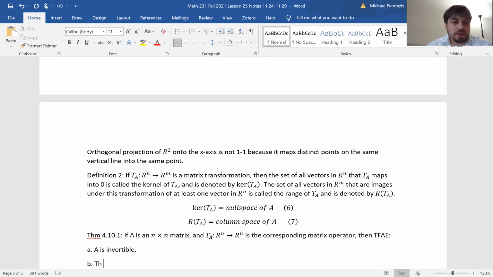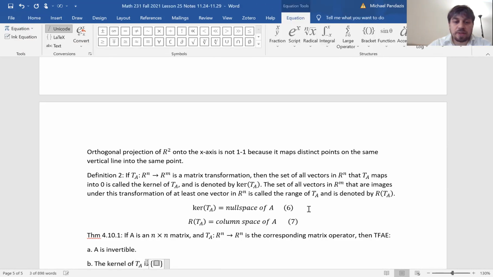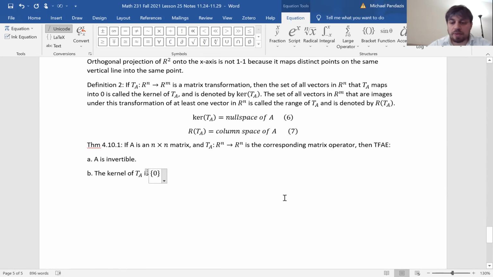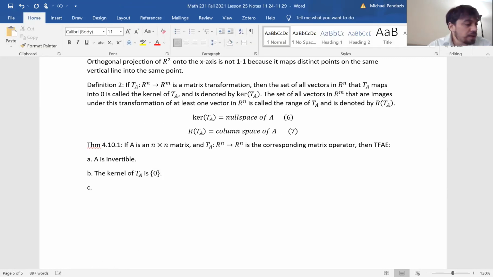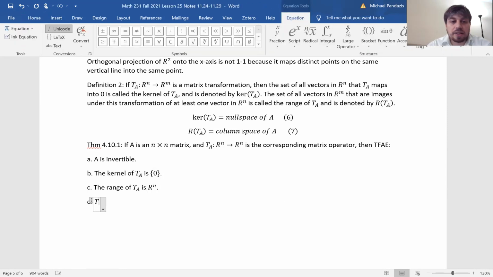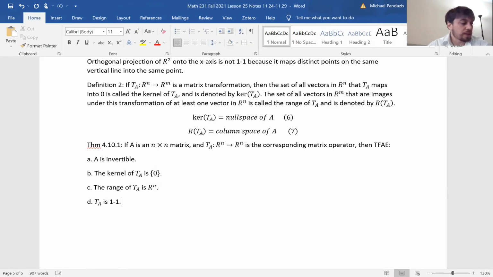B, the kernel of T sub A is the 0 set. So the only thing that T sub A maps to 0 is 0. C, the range of T sub A is Rn. And D, T sub A is 1-to-1. Okay, that's short for one-to-one, and I'm abbreviating it as 1-1.